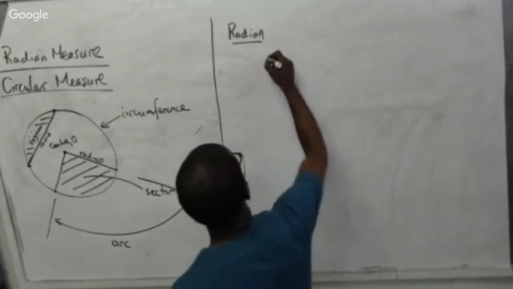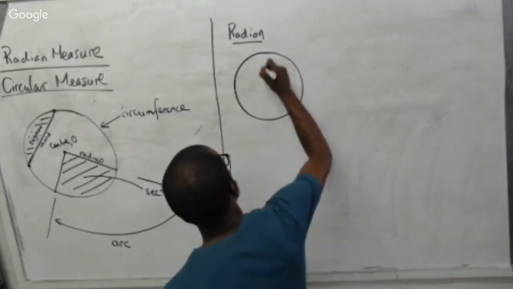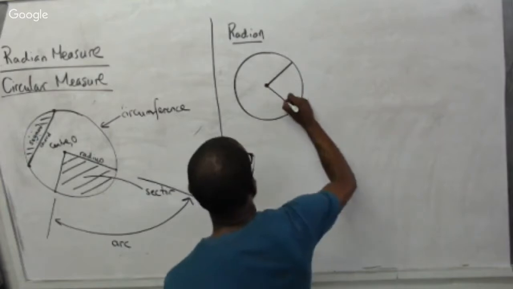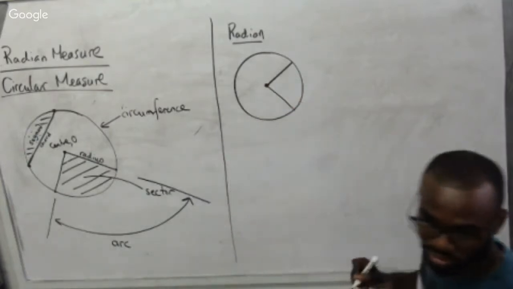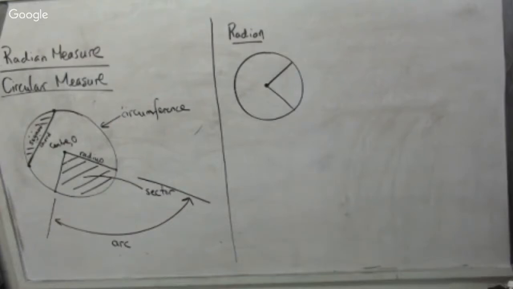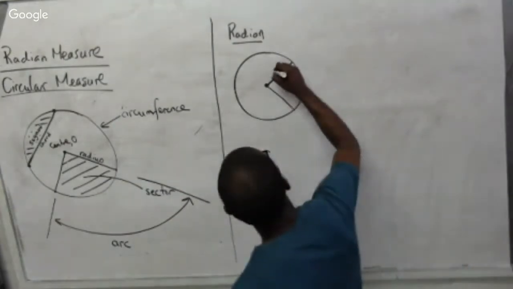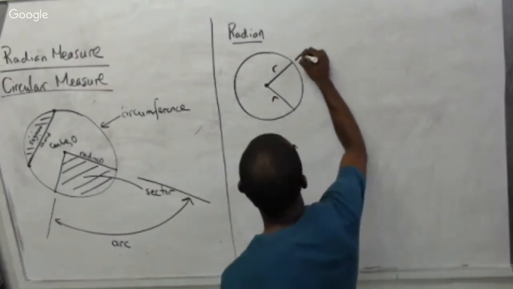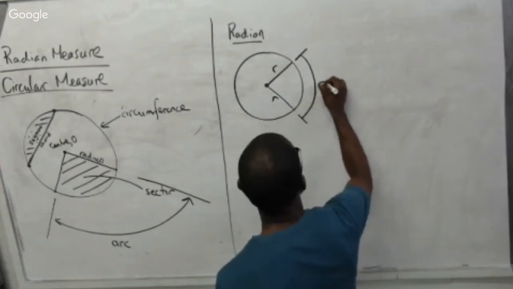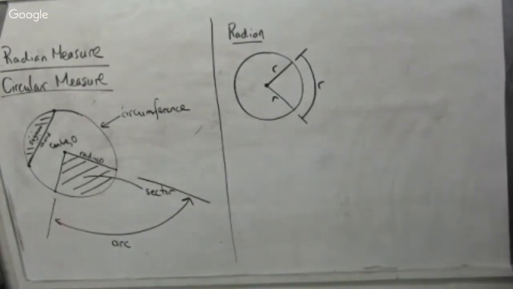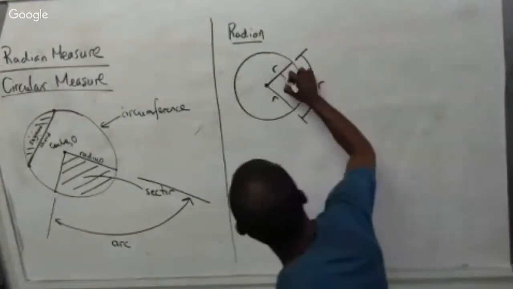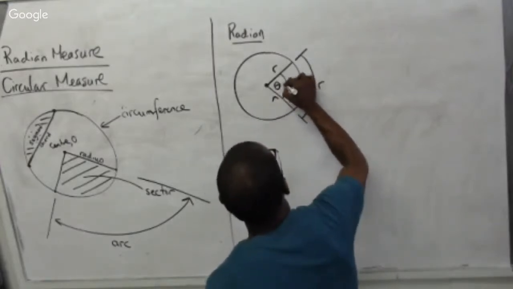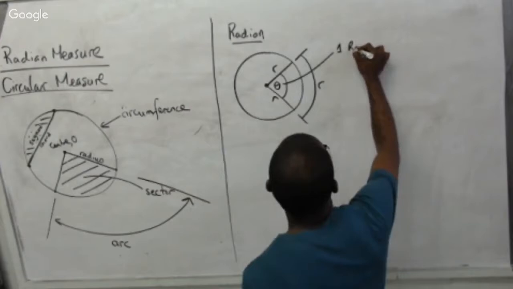If I drew a circle, a center, and constructed a sector such that the radius there and the radius there is equal to the length of my arc, the angle subtended at the center, the angle formed at the center, is called theta, where theta is 1 radian.